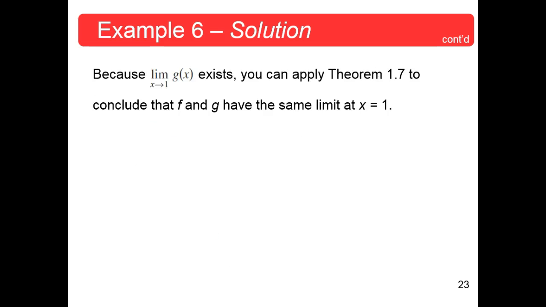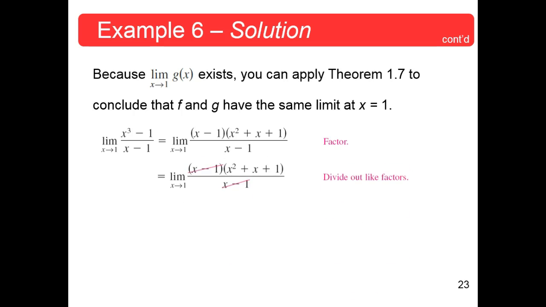Okay. Now they're just showing it in full and gory detail: factor the numerator, notice you can factor out the common factors, divide them out, leaving you with that, which is the g of x, and that gives you 3. Thought we just did that, but now we did it in gory detail.